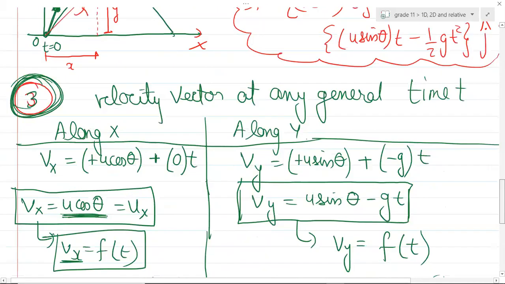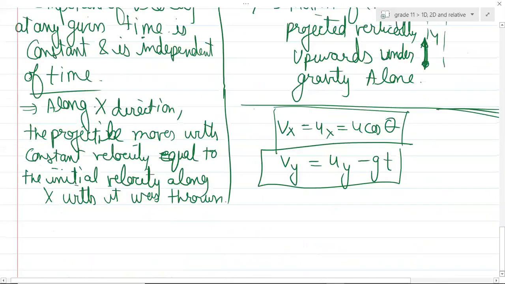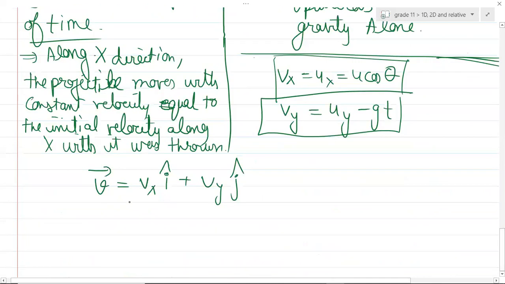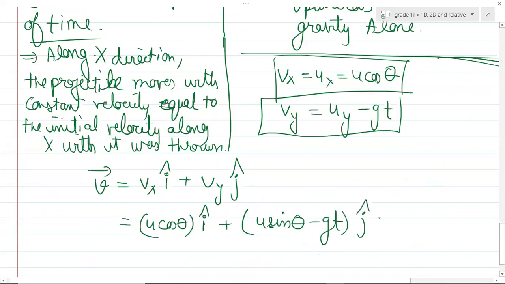So if Vx is this, Vy is this, can anyone tell me what is the velocity vector at any general time? Can I write it as Vx i cap plus Vy j cap? Yes or no? So can I write this as u cos theta i cap plus (u sin theta minus gt) j cap? Yes or no?